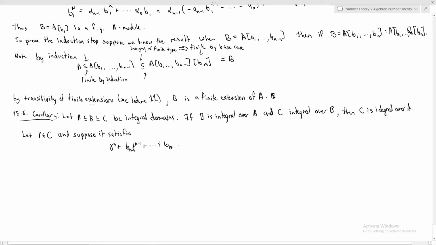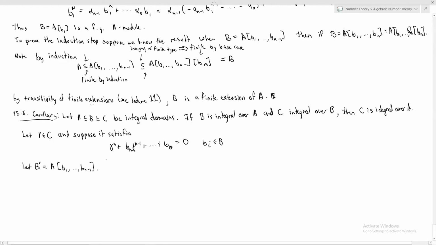It should be this, and this should be 0. Suppose it satisfies that polynomial with coefficients in B. And I'm going to let B prime be the A algebra generated by b1 through bn.